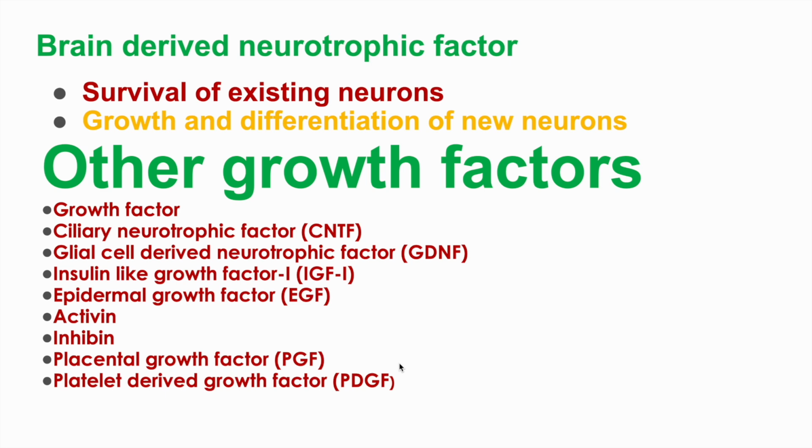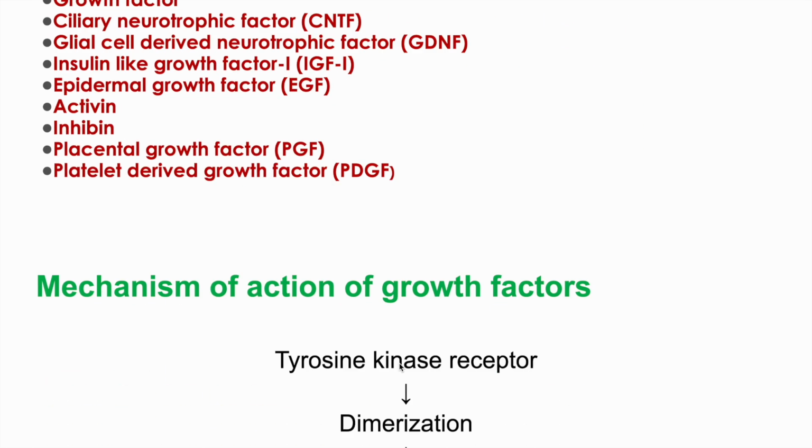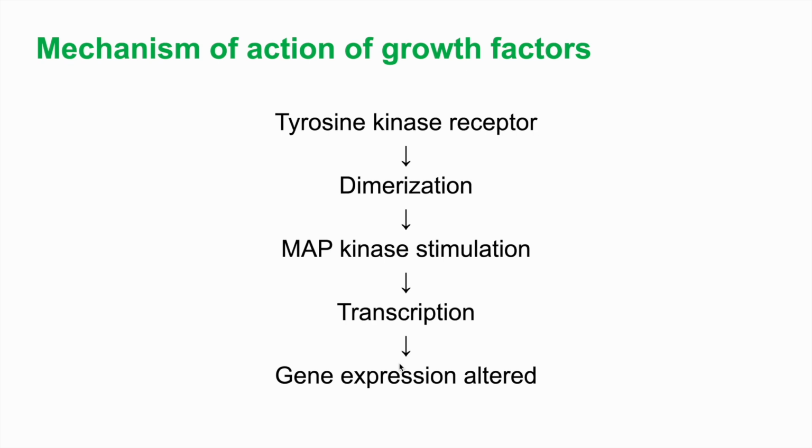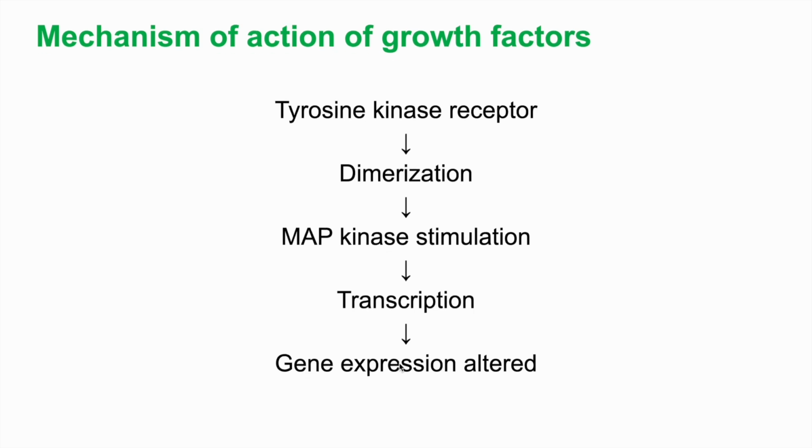Many growth factors are similar to the neurotrophic structure. The mechanism of activation includes the tyrosine kinase receptor causing dimerization, causing MAP kinase stimulation, causing transcription, so gene expression is altered.